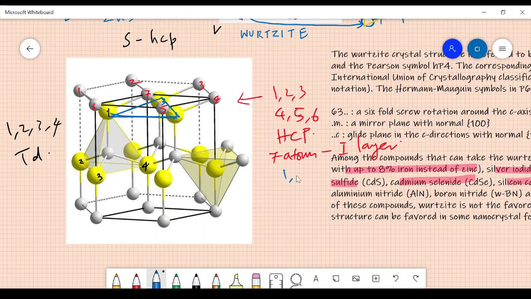So 1, 2, and 3 form the second layer. Then come to this. Here you will have 1, 2, 3, 4, 5, 6. So this 1, 2, 3, 4, 5, and one more will come here, that is not drawn there. So zinc, sulfur, zinc, sulfur, zinc, sulfur, like that it will keep on moving.